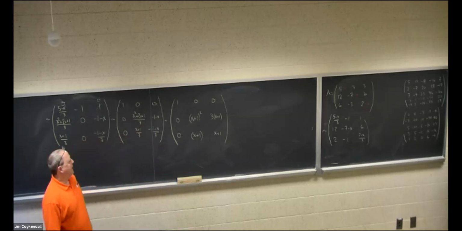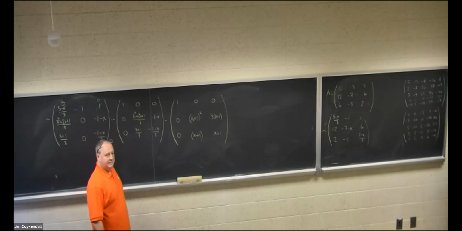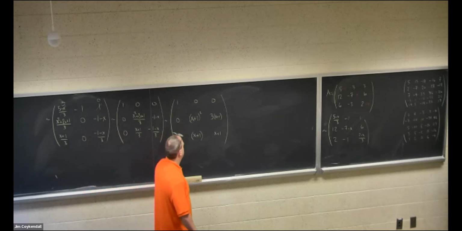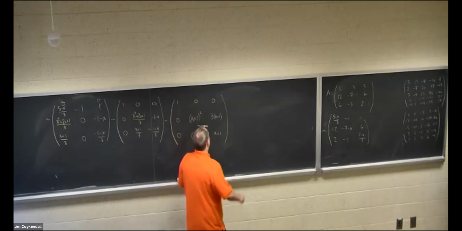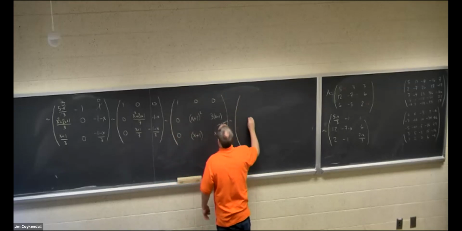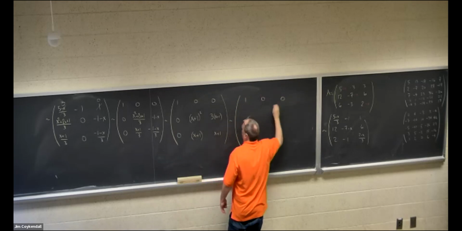Anybody see a good move for me now? How about -1 times this column plus this column? That's looking really good to me because I'd love to see this disappear. So this actually becomes 0.